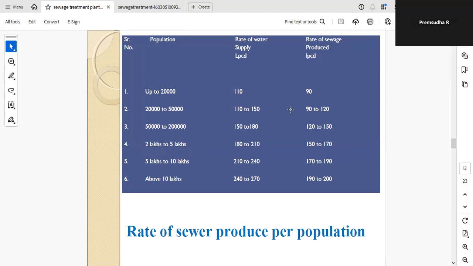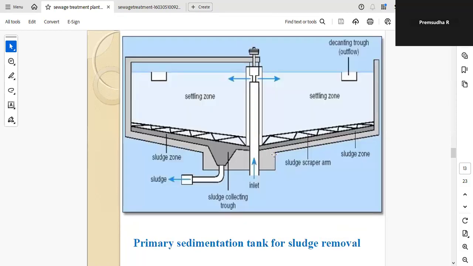Similarly, based on the population and the water supply, you can see how much sewage is produced. In this table, only about 20 to 30 percent of the water is stored and all the remaining water is converted to sewage. After our usage, it comes out as sewage. So that much quantity is coming from the city based on the population.